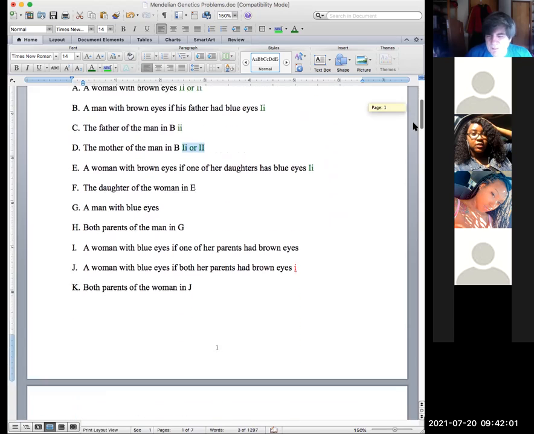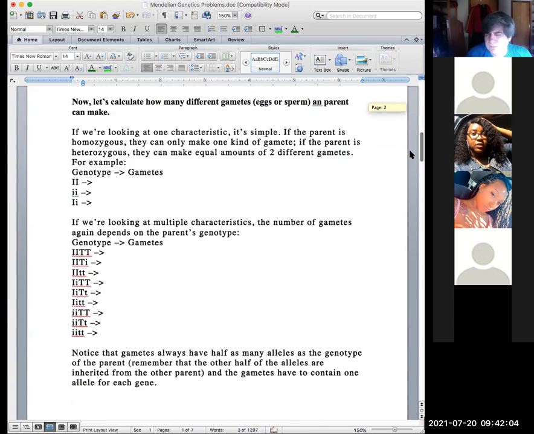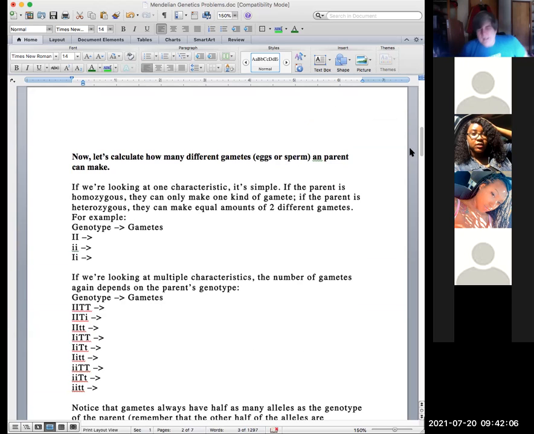So now let's think about making gametes, and let's start out by looking at how many gametes you can make. The key is, when we look at gametes, we need to know a genotype to figure out how many gametes they can make. If somebody is homozygous, this person can only make one gamete.